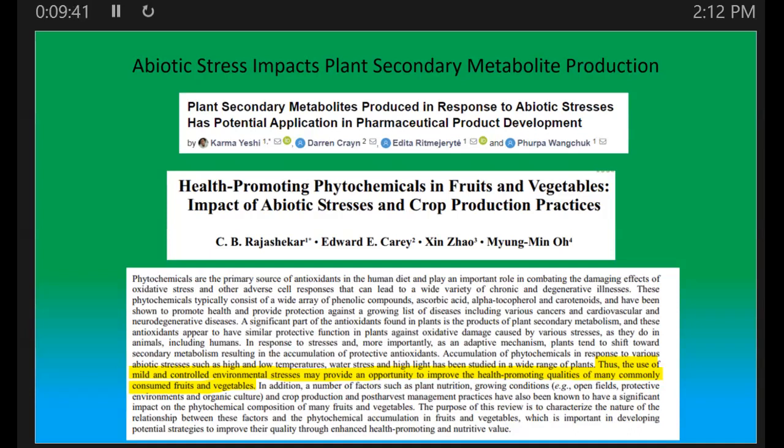Anyways, here we're looking at that idea highlighted in yellow in that paragraph: the use of mild and controlled environmental stresses may provide an opportunity to improve health promoting qualities of many commonly consumed fruits and vegetables. This is something that you can pretty readily do in indoor growing, right?